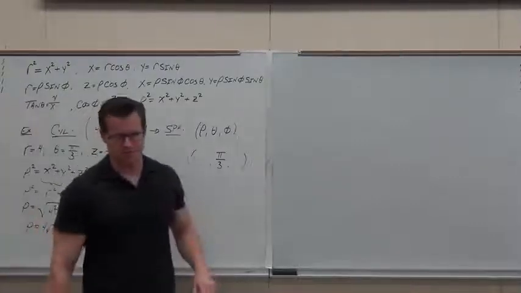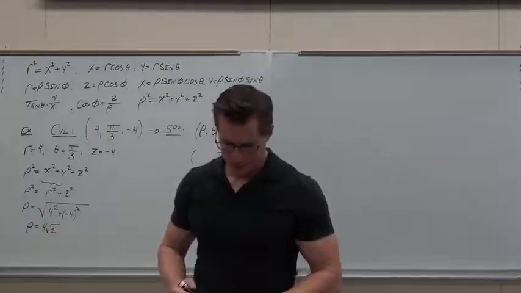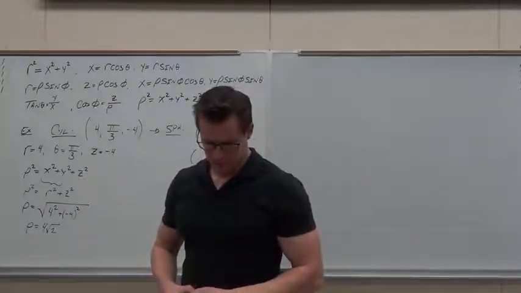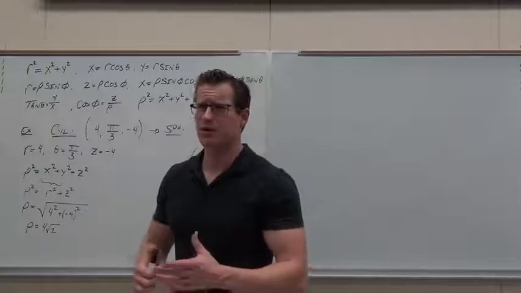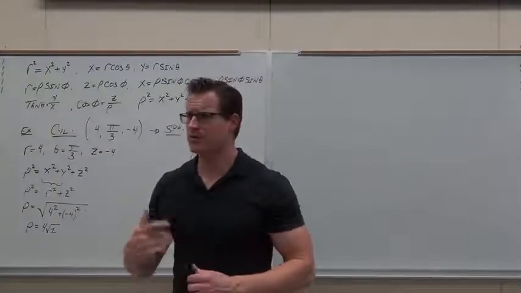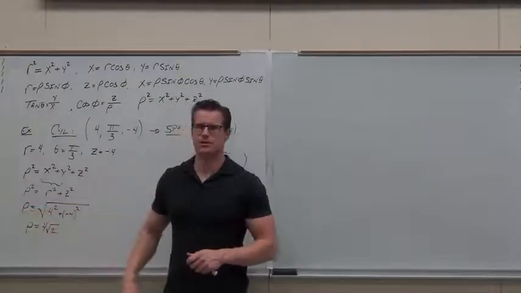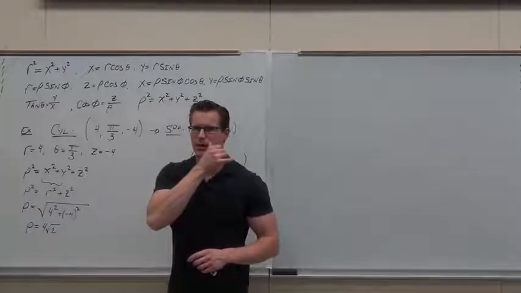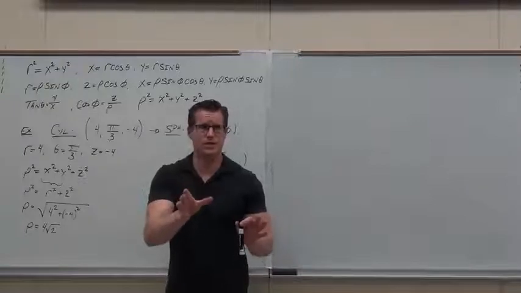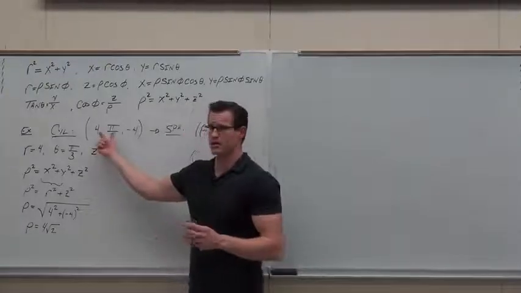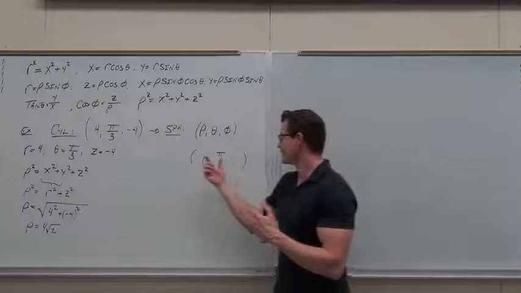I get 4 root 2. You guys get the 4 root 2? Yeah, we get the 4 root 2. I know I'm doing a lot of math fast in my head, but I want to know if you understand where this is coming from. Some of you aren't even paying attention now. Do you understand that the theta is not going to change between cylindrical and spherical? That's going to be there.